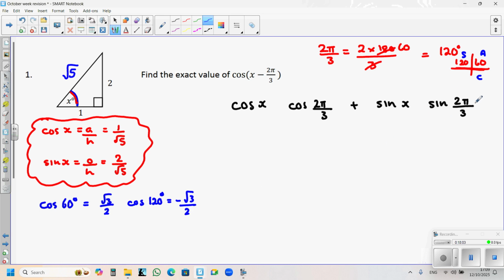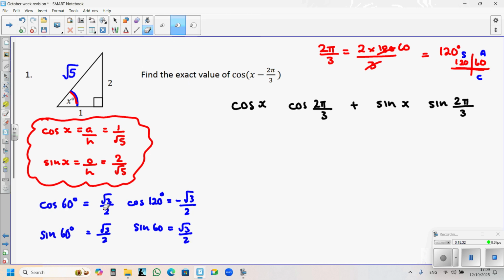When we're doing sin 2 pi over 3, that's sin 120, so we start with sin 60 degrees, which is equal to root 3 over 2. And it means in the second quadrant sin 60 is still positive, so it's root 3 over 2.